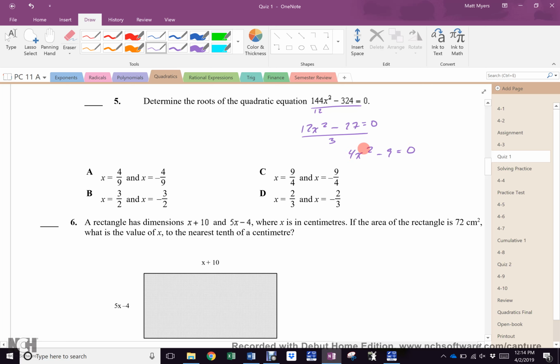It's a perfect square, isn't it? Minus, so it's a difference of perfect squares. 2x plus 3, 2x minus 3. Of course, you could also have done any of the other methods. I just find factoring to be the easiest. So it is -3 halves and positive 3 halves, which is B.